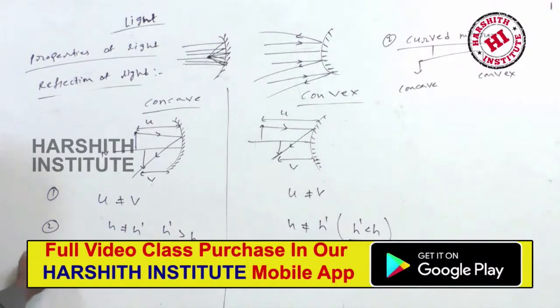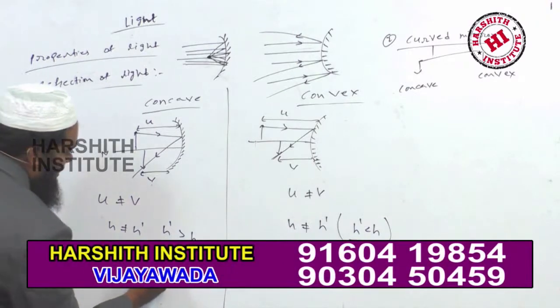The third one is that a concave mirror forms a real and inverted image.